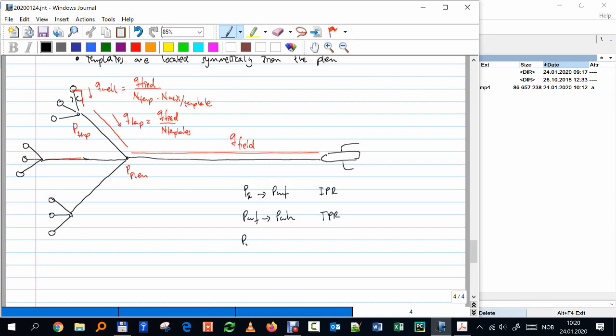Then we have the P template all the way to P PLEM. That is a flow line performance relationship. And finally, P PLEM to P separator, this will be a pipeline performance relationship. F stands for flow line, and that here is a pipeline.